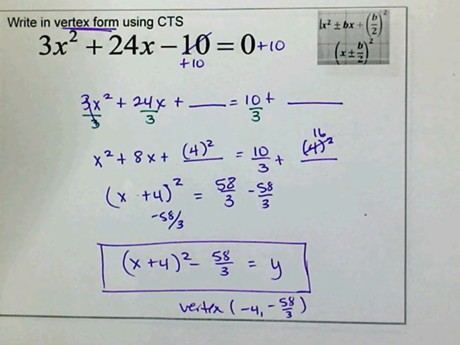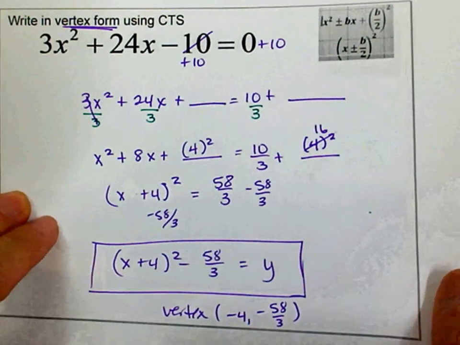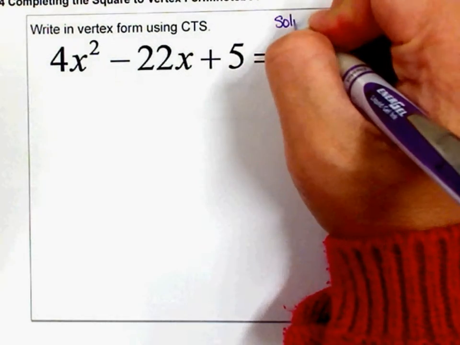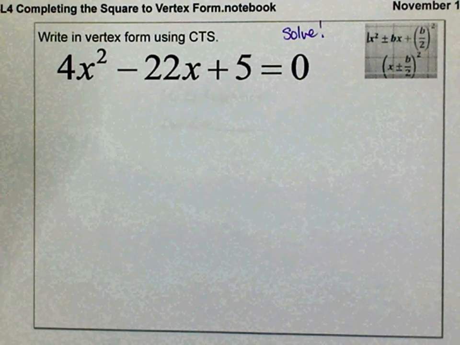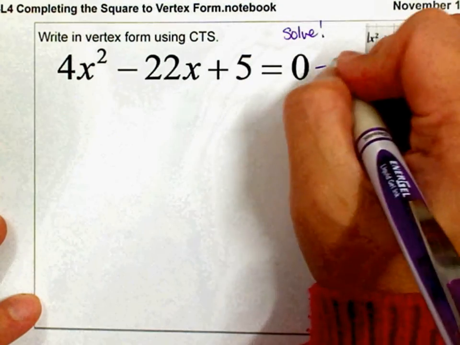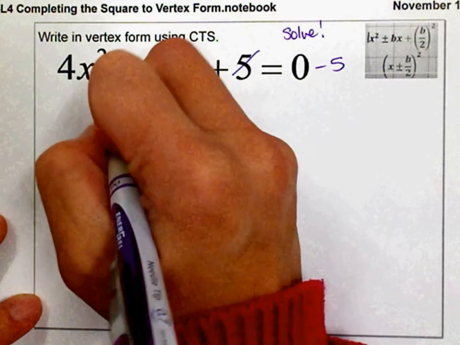All right, now let's go ahead and write this and solve, okay? Here's your next one. This time we are going to solve, okay? Here we go. Subtract 5. 4x squared minus 22x plus a blank is equal to -5 plus a blank.